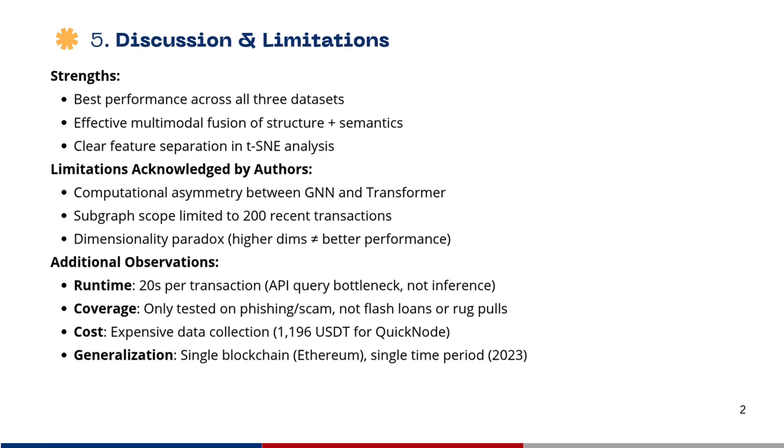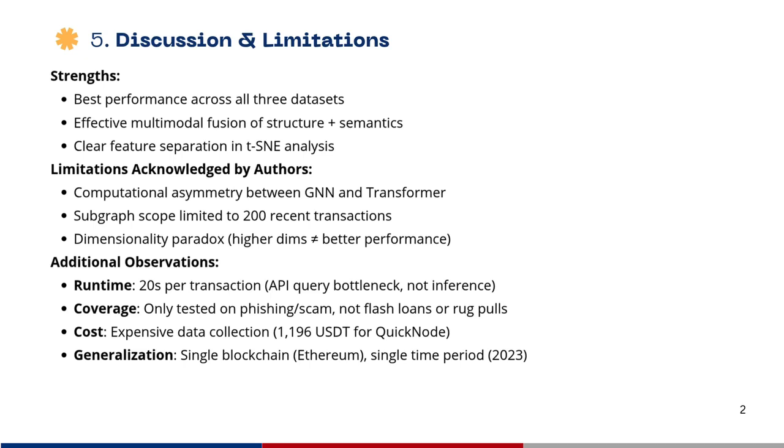And third, there is a dimensional paradox. Higher dimensions don't always improve performance, suggesting optimization challenges. Some additional observations are that runtime is about 20 seconds per transaction, but this is mainly due to the API query bottlenecks, not inference. They only tested on phishing and scams, not flash loans or other types of DeFi frauds.